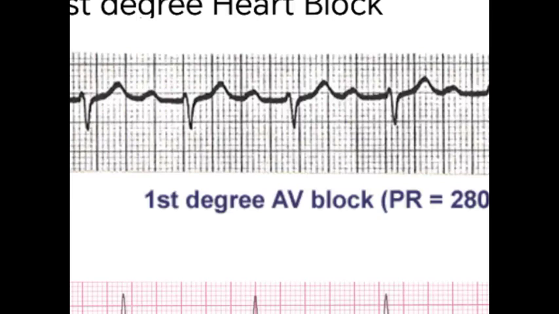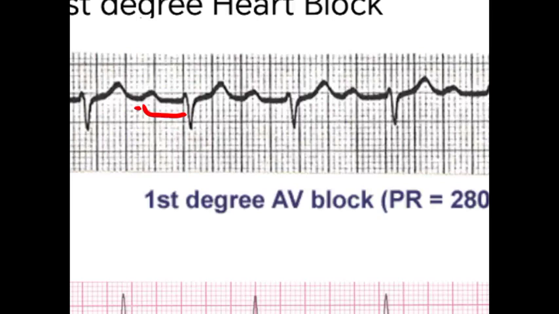Use this pen. Here, this is a P wave, and this is the duration from here up to here. If you count this, it is more than one big square, more than 5 small squares. So it is prolonged. We have a prolonged PR interval here.